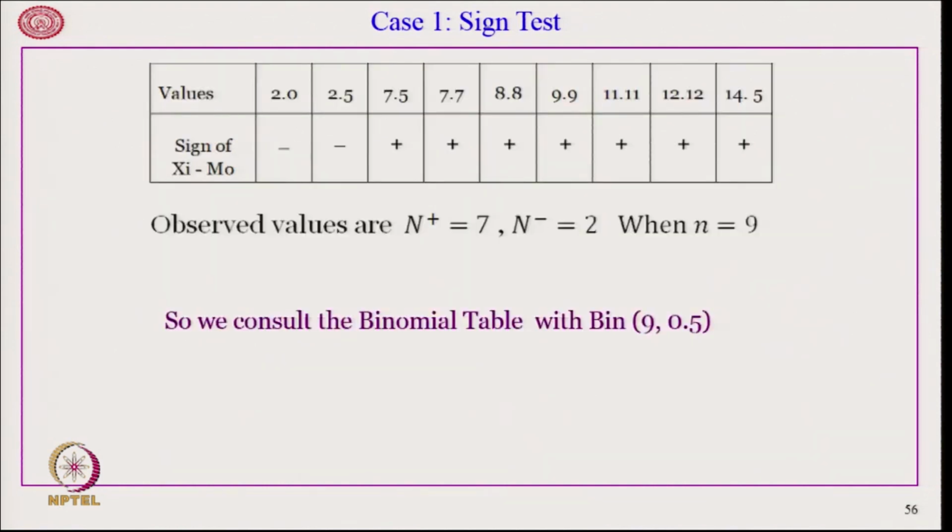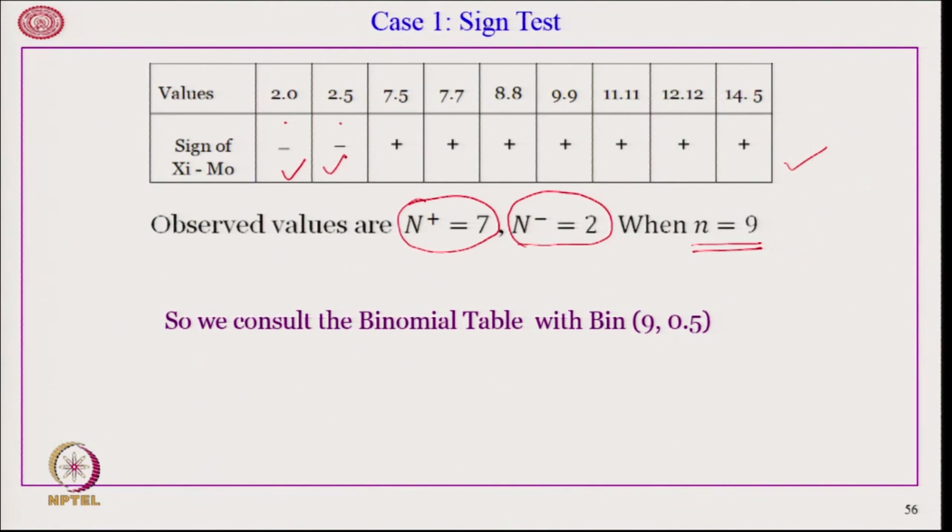In sign test, we are just taking the difference from the observed value of the median and looking at the sign. Therefore, for 2.0 and 2.5 we have got negative sign, and for all remaining ones we have got positive sign. Because the number of observations is 9, n plus is equal to 7 and n minus is equal to 2.